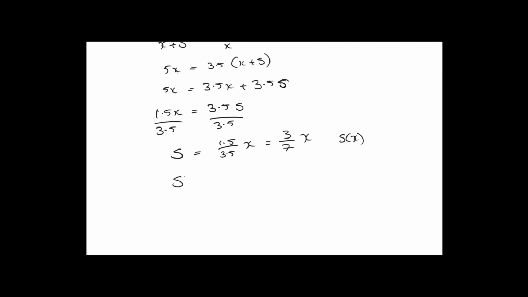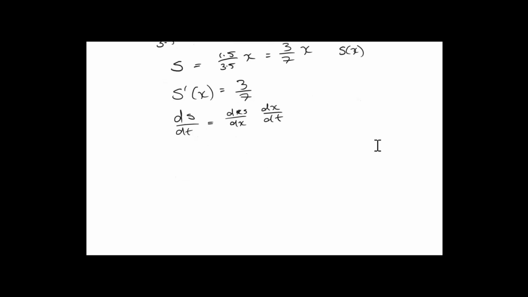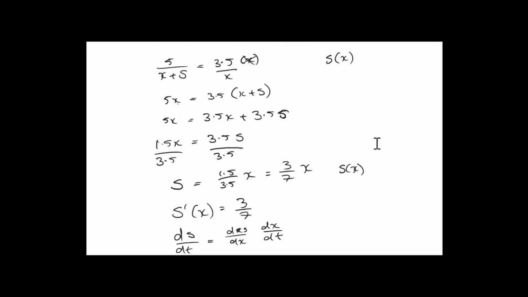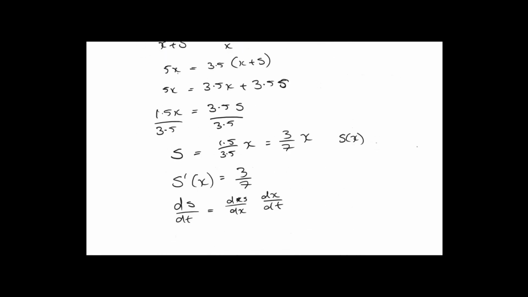So now we can find the derivative of s with respect to time. It's going to be the change of s with respect to x times the change of x with respect to t. And we're going to use the initial condition, and that's when x equals 8.